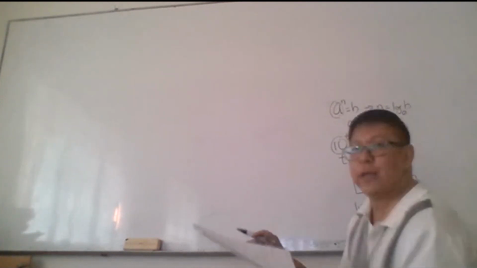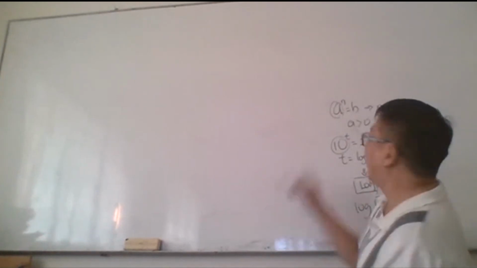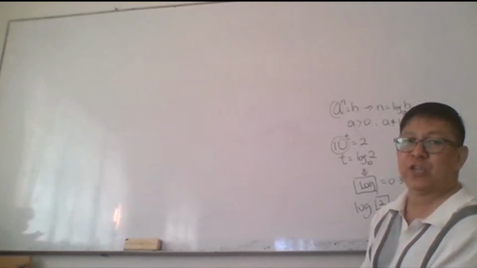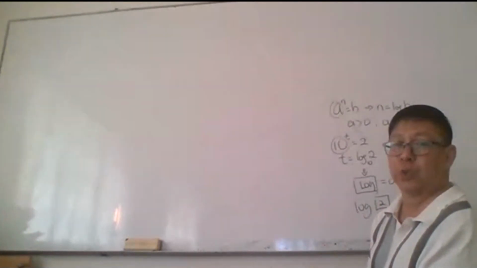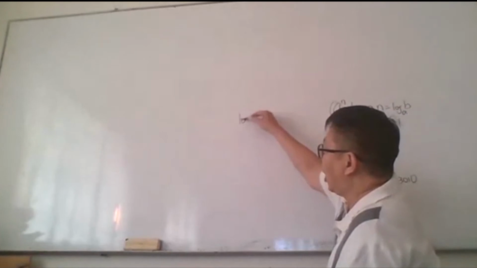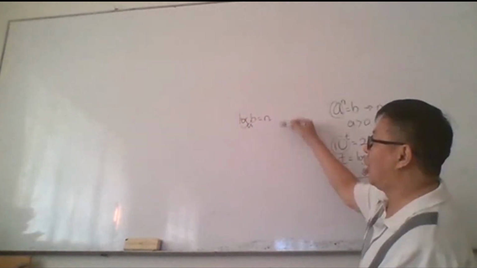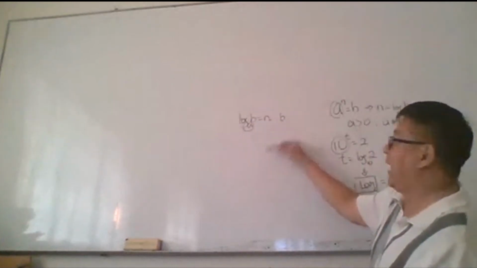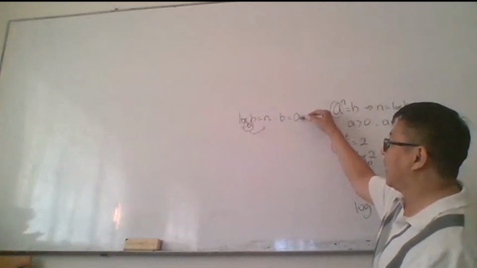And the other one, we want you to learn how to change log to index. Okay, so 95% of your examination questions will request you to change log to index form. Okay, log_a b equal to n. This is your log, and b remains, only the logarithm base a we shift from left to right, becoming a^n.